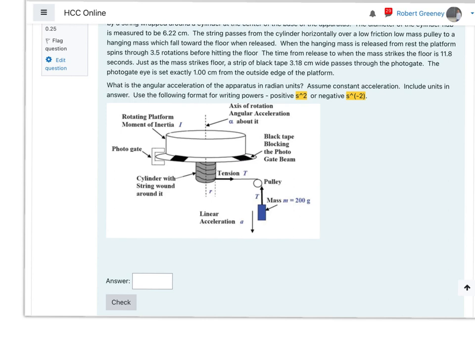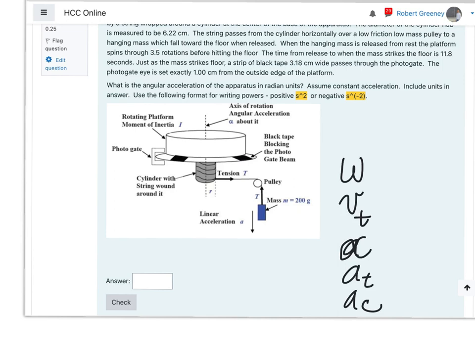And once again, it's important to be careful that you distinguish between angular velocity, tangential velocity, and the 3 kinds of accelerations: the alpha, the angular acceleration, the tangential acceleration, and the centripetal acceleration.